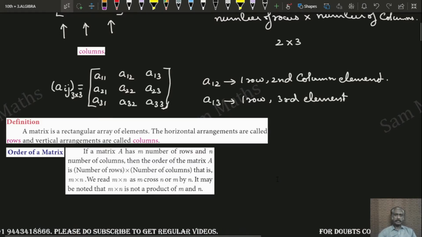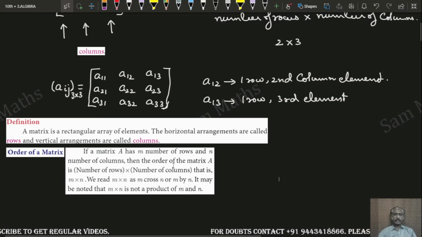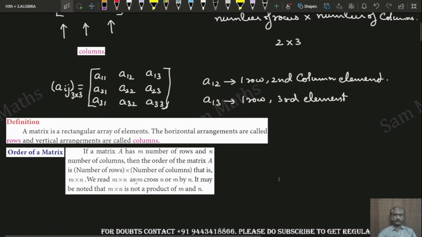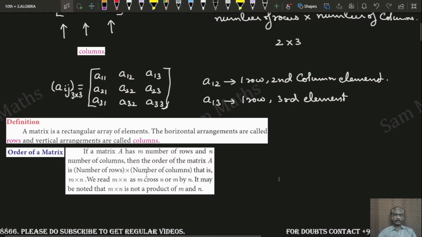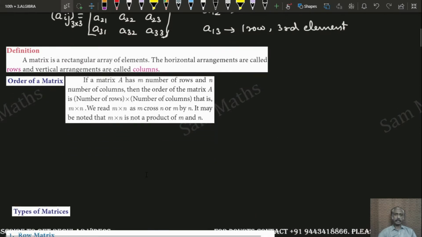If a matrix A has m number of rows and n number of columns, then the order of the matrix A is number of rows by number of columns. While reading that, we read it as m by n or m cross n. Okay, children? It's not a normal product. It's the order of the matrix.